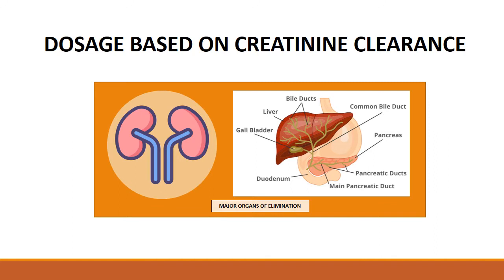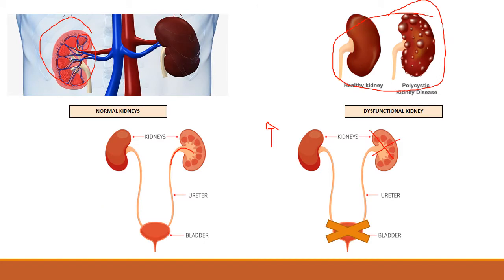So the two major organs of elimination are our kidney and our liver. So here on your left side, you will see a very good kidney. Okay, these are your nephrons, and then this one on your right, you will see a polycystic kidney disease, or not just polycystic disease, but any other diseases. Okay, like for example, if you're old already, then the normal function of your kidney is also decreased.